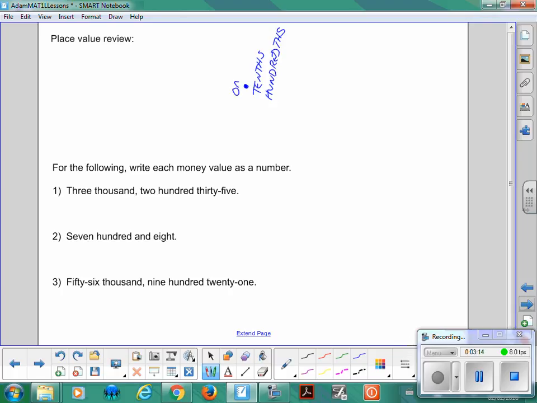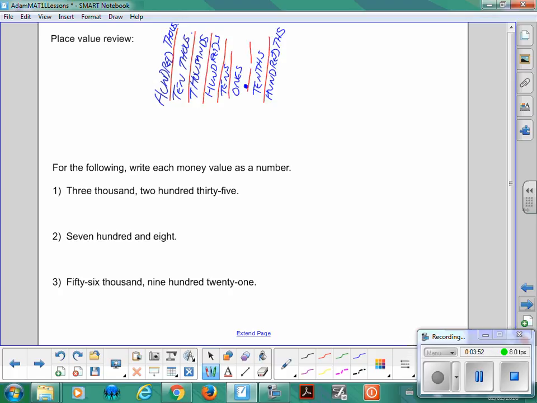Going in the other direction, we have our ones, our tens, our hundreds, our thousands, and then 10,000s. And if you're really unlucky and have to write a big check, 100,000s. That's maybe when you buy a house or something though. So there's your place value review, same as it was back in grade 7, 8, and so on and so forth.